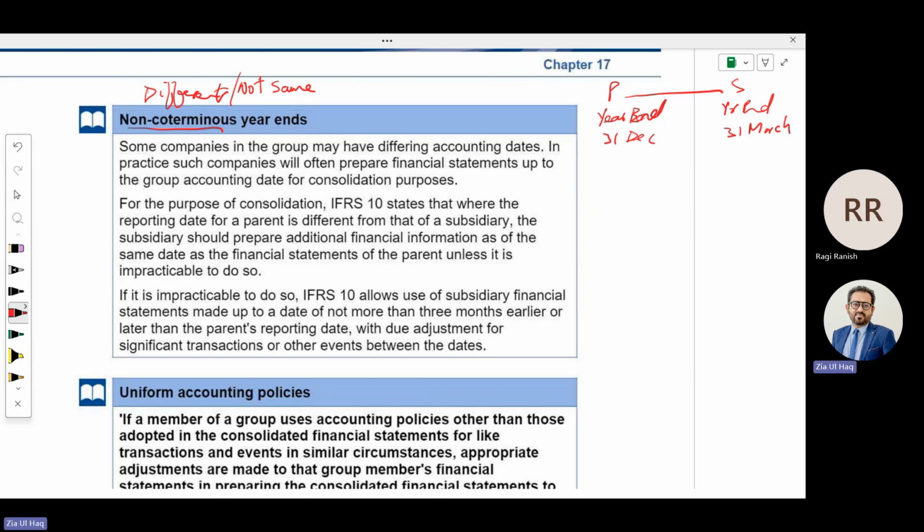Meaning for this year, you need to prepare 15 months accounts, and for the future, the issue will be resolved. But what if these companies operate in different countries, and according to country law, they cannot change their year end?